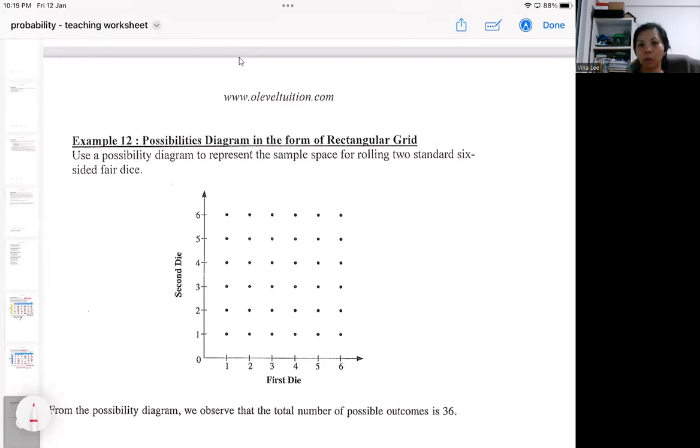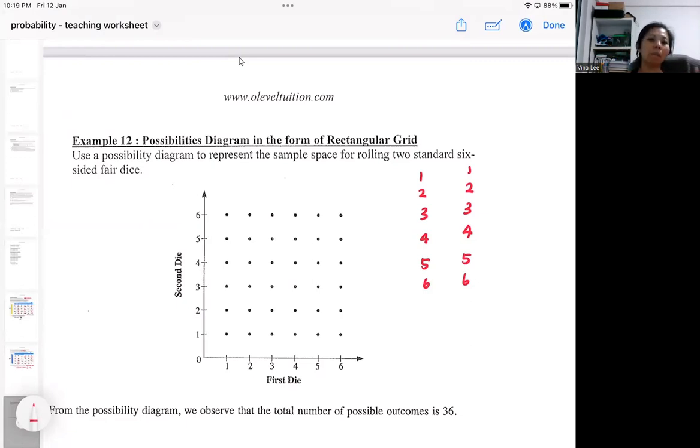So this one is like throwing a standard 6-sided die. When you throw a die, you'll get 1, 2, 3, 4, 5, 6. So if you're going to throw 2 dice, this one it's not a matter of with or without replacement. You imagine you throw 2 dice. What are the outcomes?